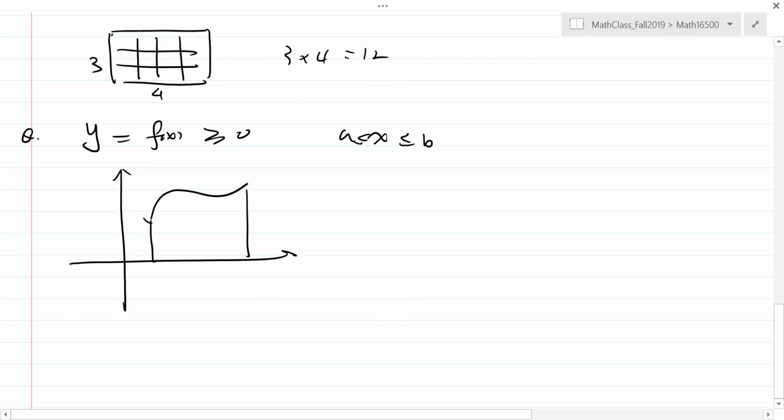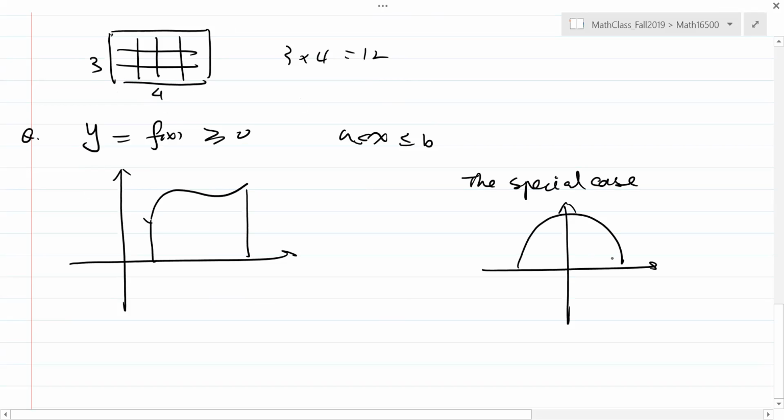A special case is the upper semicircle. This is the general case, and that is the special case. If you are able to find the area of the upper semicircle, then you find the area of the circle.